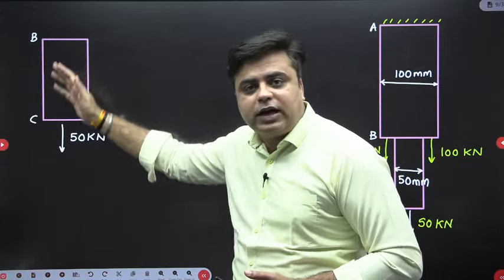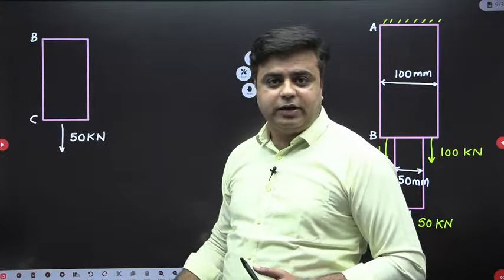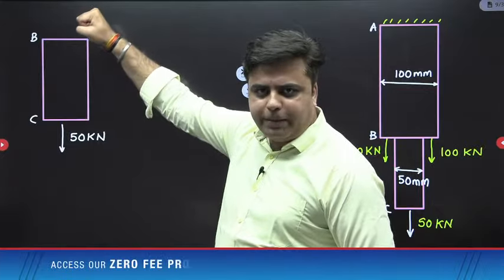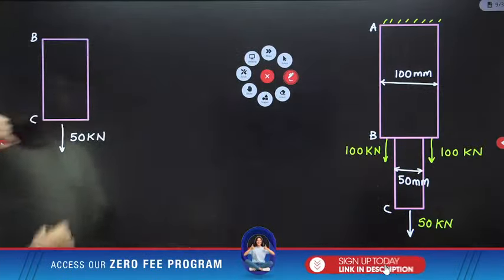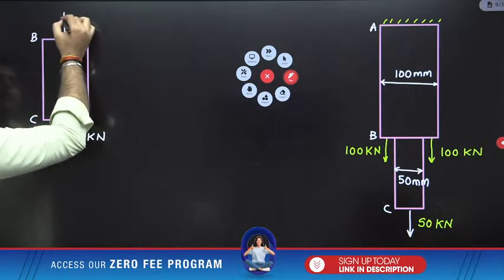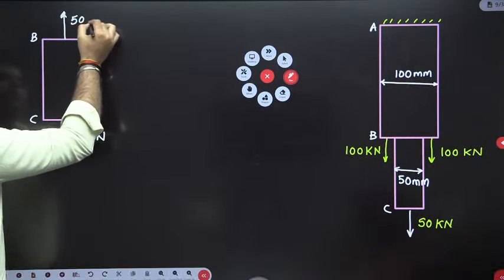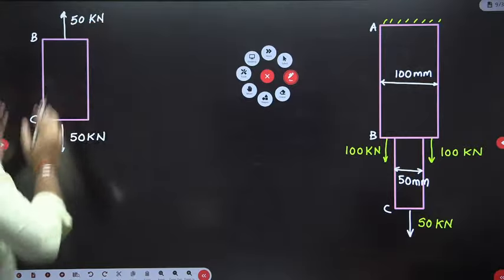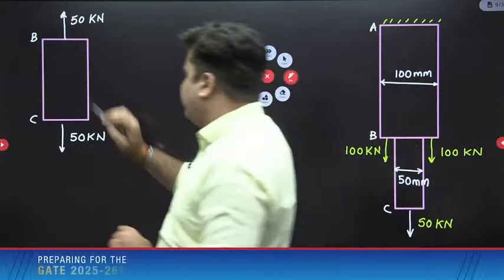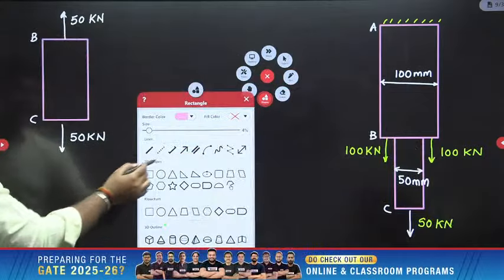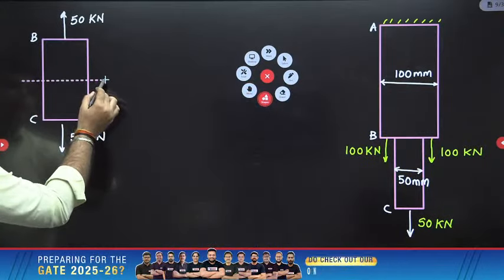No, it will start undergoing rigid body translation. So somebody has to hold it back. So portion AB will apply an equal and opposite 50 kilonewton load over this portion BC in order to keep it in equilibrium. So the total axial load that member BC is subjected to is 50 kilonewton. The cross-sectional area of this portion BC is 50 by 50.